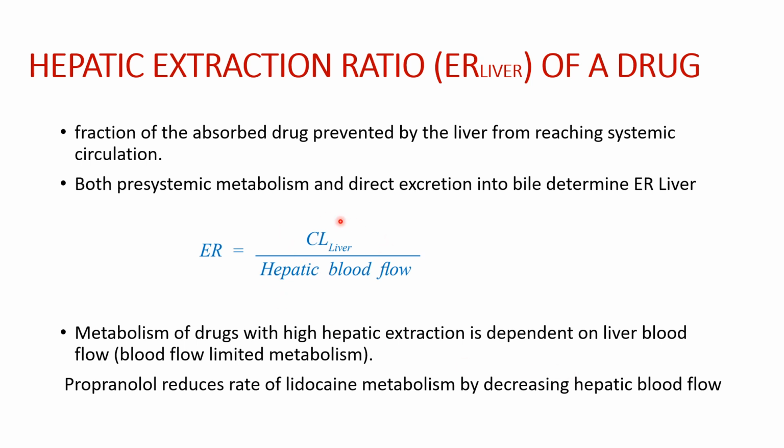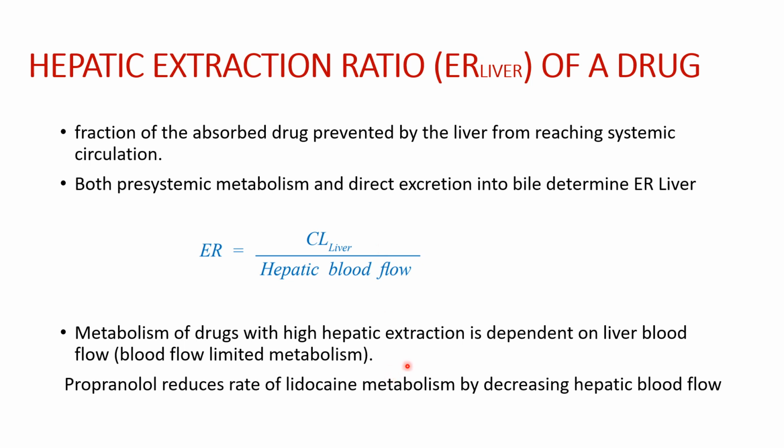Whenever a drug has high intrinsic metabolism in the liver, more hepatic blood flow means more metabolism in the liver. For example, lidocaine is an example of a drug with a high extraction ratio, that is, high intrinsic metabolism in the liver, so it depends on the hepatic blood flow. Whenever the hepatic blood flow is decreased, when we use drugs like propranolol, a beta blocker, along with lidocaine, only some amount of drug is presented to the liver, and hence the clearance, that is the metabolism, will be very low.